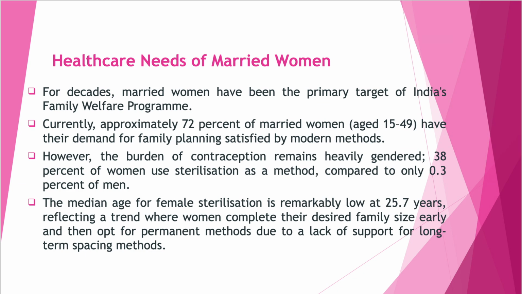The median age for female sterilization is remarkably low at 25.7 years, reflecting a trend where women complete their desired family size early and then opt for permanent methods due to lack of support for long-term spacing methods.